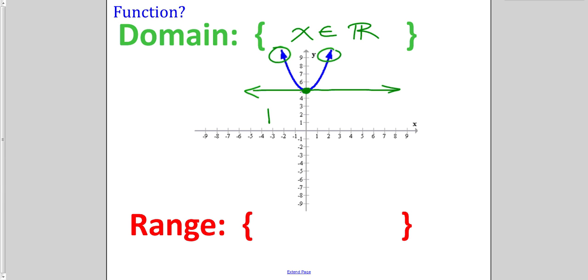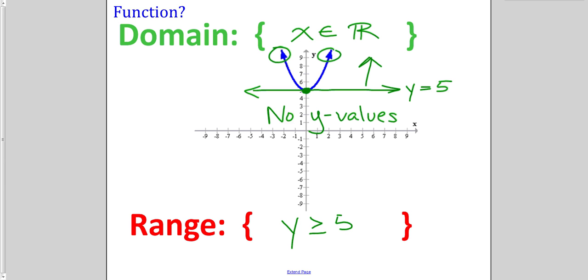But you notice that there are no y values down here. So here our vertex is at a y value of 5. All of our y values are above that. So when we write our range, we're going to say y is greater than or equal to 5.